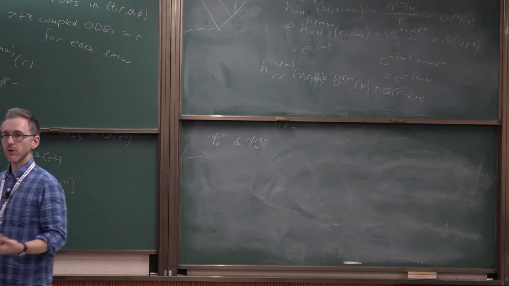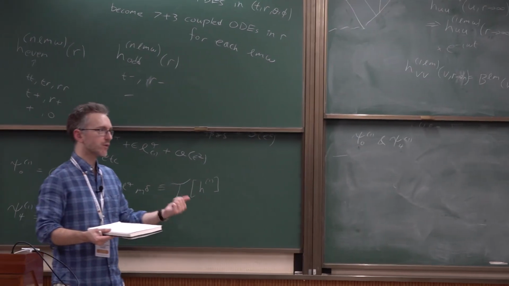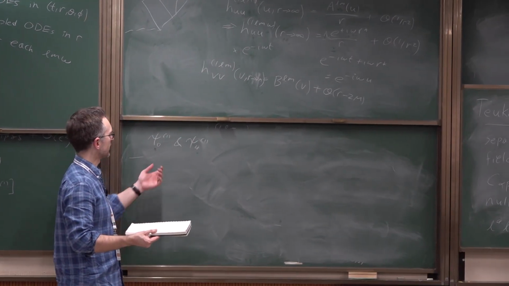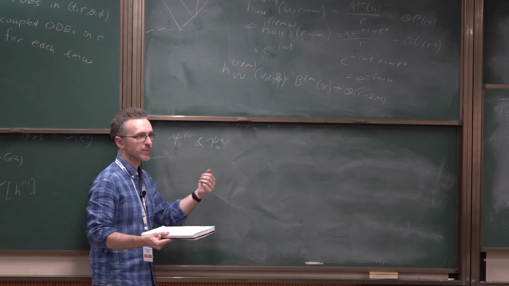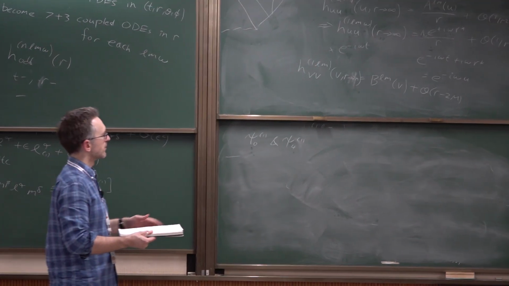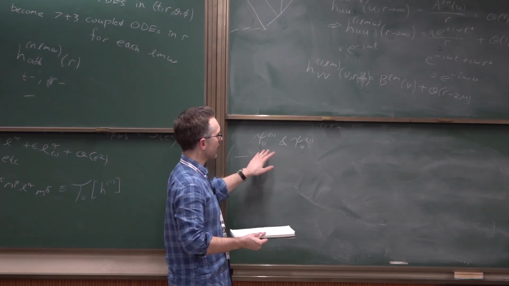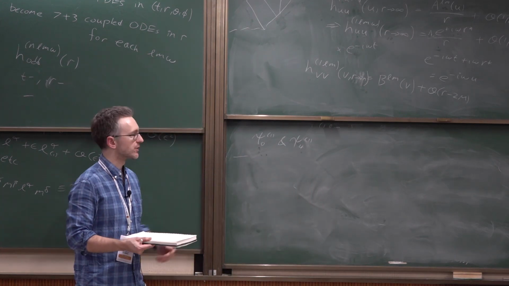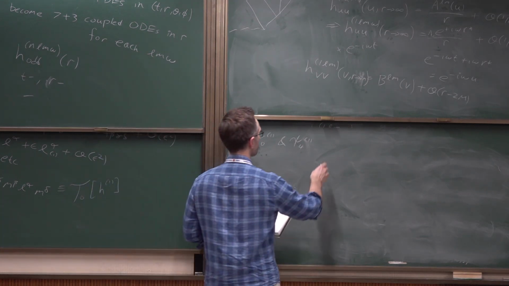And you notice I skipped a whole bunch of numbers. I didn't write down psi 1, psi 2, psi 3. Generically, you might expect that a field equation for psi 0 depends on all the other ones. But psi 0 and psi 4 decouple not only from each other, they decouple from everything else. So they satisfy equations just on their own that are decoupled.